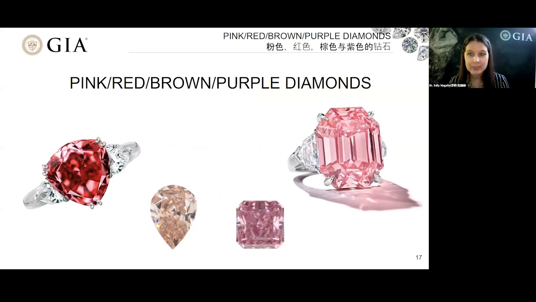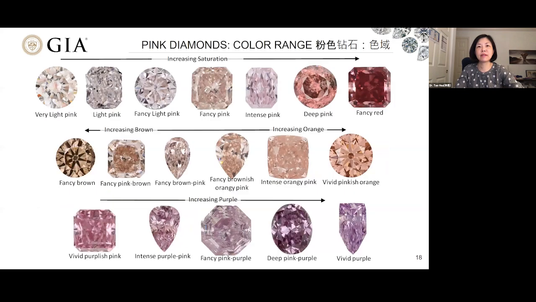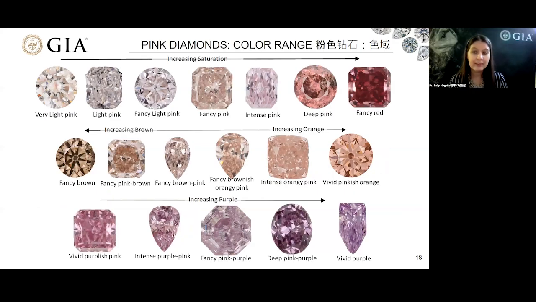Okay. Next, we'll discuss diamonds within the pink, red, brown, purple family. 下边我们讲粉红棕紫这个色系，这几个颜色在色圈上比较近，彼此都是邻居，所以连在一起讲。Many different colors, pink, red, brown, and purple exist within this group. This is because the vast majority have the same underlying cause of color.